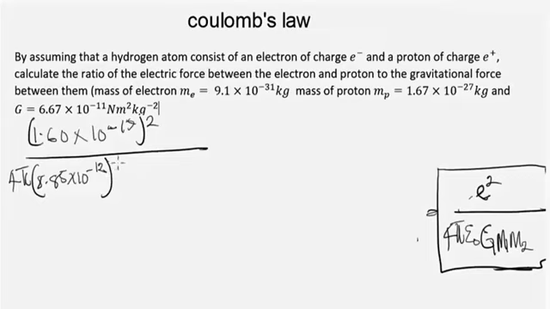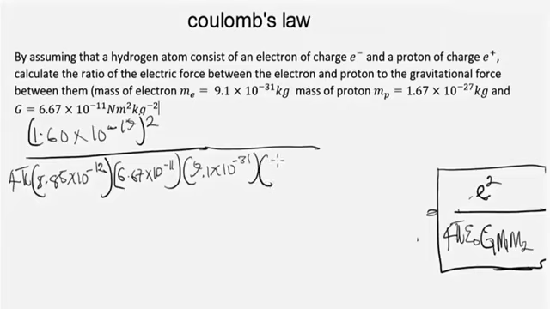Then times our G, the universal gravitational constant, which is 6.67 times 10 to the power of minus 11. Then times M1, the mass of electron, which is 9.1 times 10 to the power of minus 31.